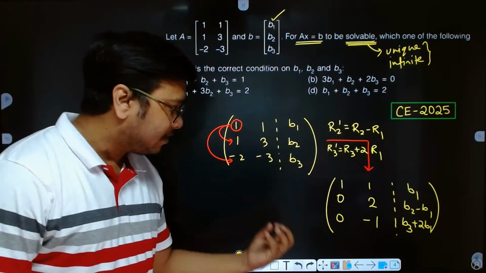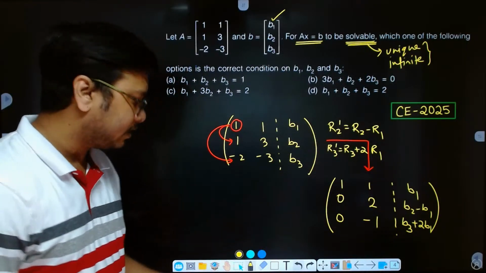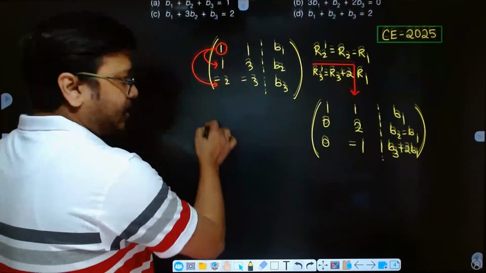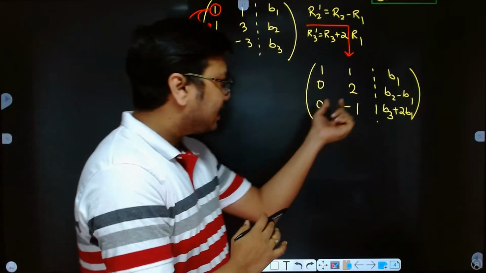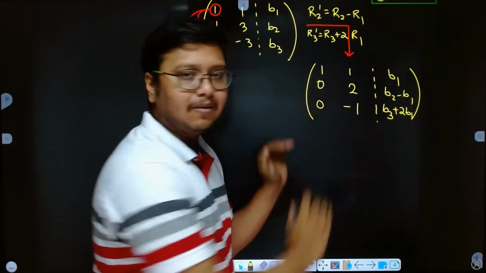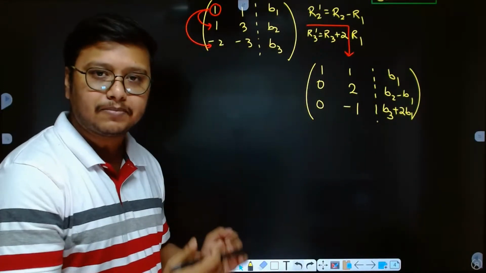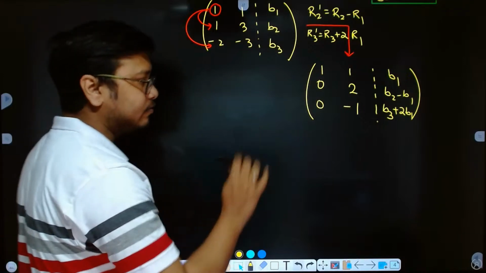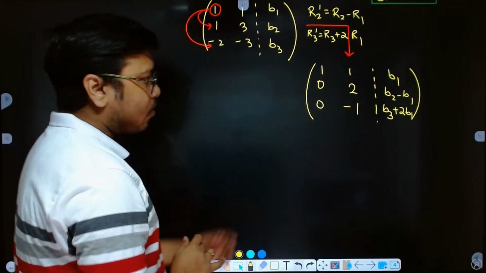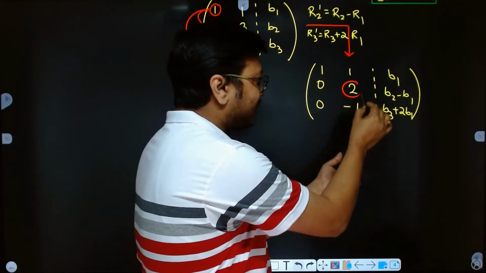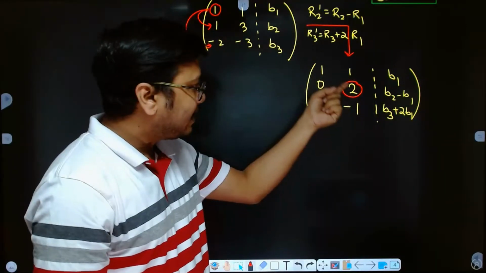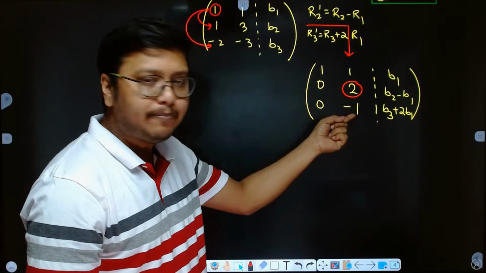We want to make further things simpler. We are trying to reach a position where the entire row becomes 0, so that the rank becomes less than the order. So now I want to make this position 1, and with the help of this position I want to make the element below it 0.